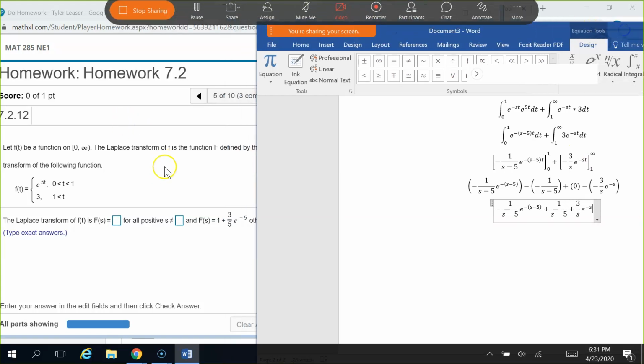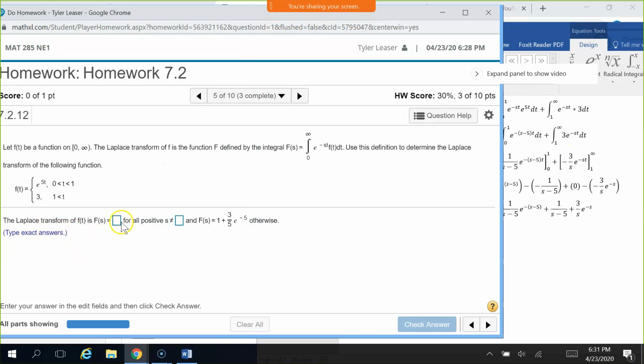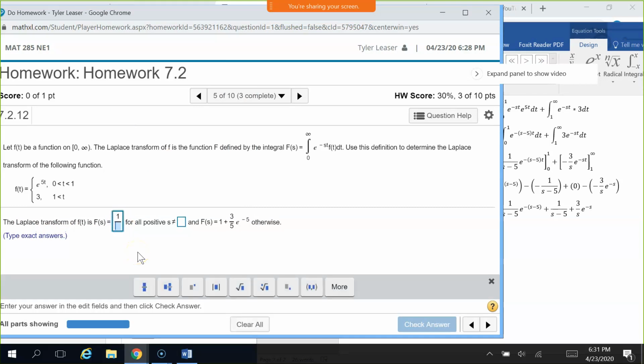All right, and then hopefully if you type it in, it'll say it works. So the Laplace transform of f of t is this. Oh, we do need the restriction. I'm pretty sure 5.